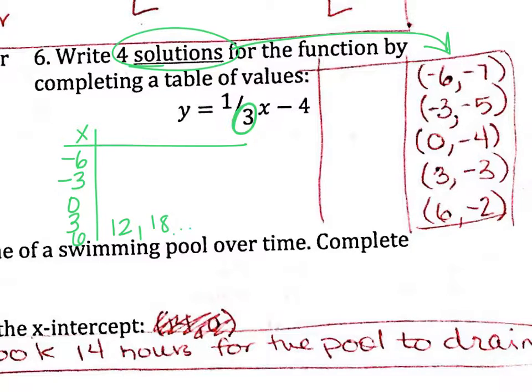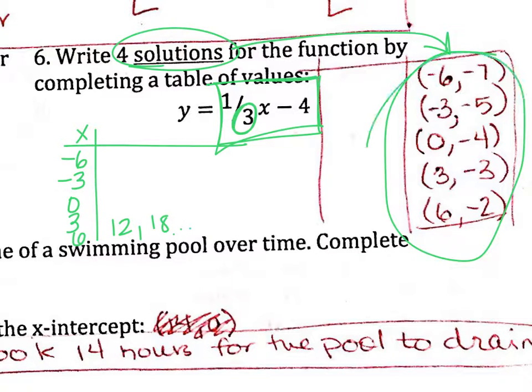You can pick any of those numbers that are divisible by 3 for your domain values. And then you're just going to plug those in and do the work, plug it into this equation and work it out. And your final answers, remember, will look like ordered pairs for each value that you get out.